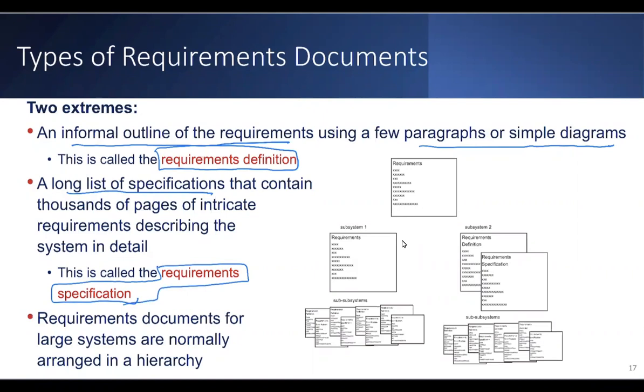Requirement documents for large systems: keep in mind that nowadays most of the systems are large and complex. So in order for the developers to have a better understanding of those requirements, they are arranged in a hierarchy. As you can see in this figure, we do have a hierarchy of requirements. So for example, in subsystem one, we do have the requirements for the system in total, and then we have divided into requirements for each subsystem of this system.